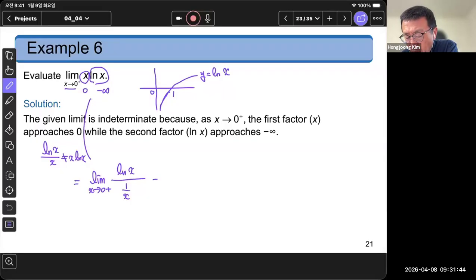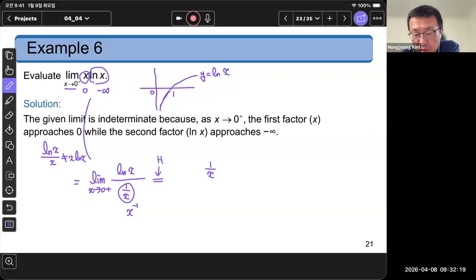Okay, and you can always use the L'Hopital's rule at this point because in this expression both log x and 1 over x diverge. So we can apply the L'Hopital's rule. That means I need to differentiate numerator and denominator. When I differentiate the numerator, what do I get? The derivative of log x will be 1 over x. What is the derivative of 1 over x? 1 over x is the same as x to the negative 1.